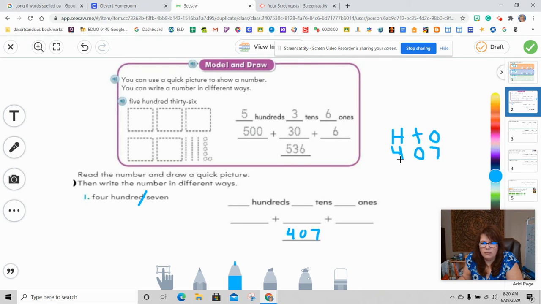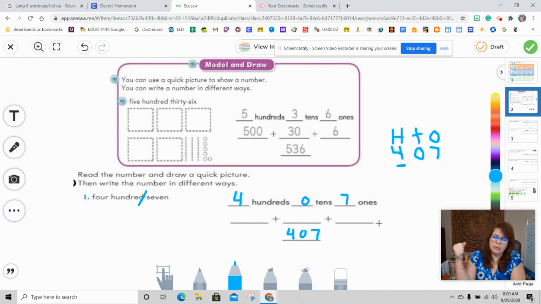That's the standard form, just the number. Now because I have 4 in the H, that means 4 hundreds, 0 tens, and then 7 ones right here. Now if I'm going to break it down into expanded form, I'm going to look at the hundreds place, and that's what's going to go on the first line.